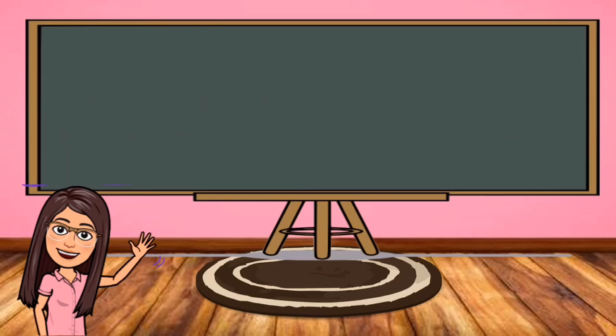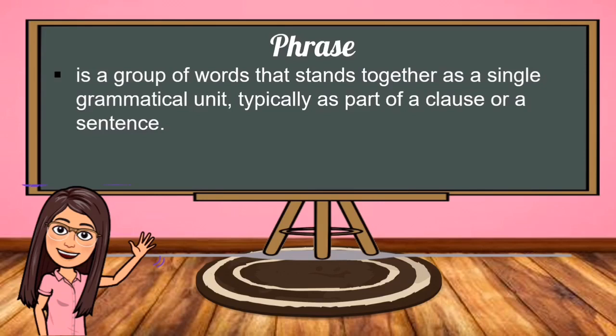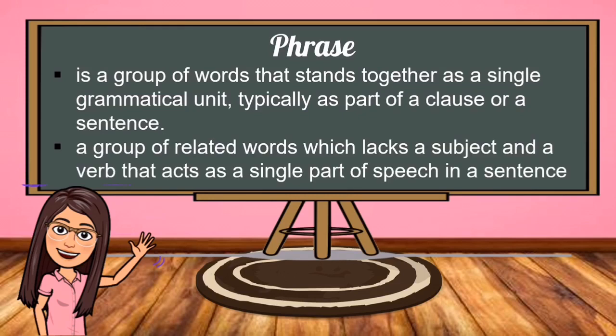First, let's define phrase. It is a group of words that stands together as a single grammatical unit, typically as part of a clause or a sentence. Also, it is a group of related words which lacks a subject and a verb that acts as a single part of speech in a sentence.